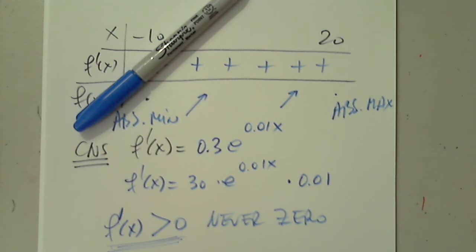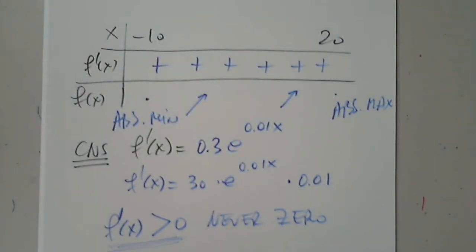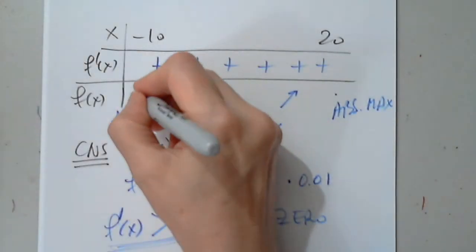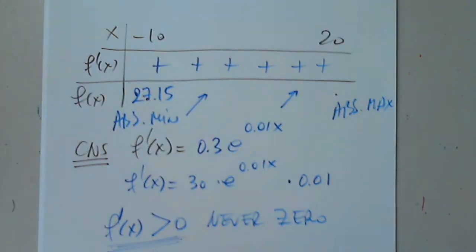Right here. 0.01x, close the parenthesis, and just punch in negative 10, whatever I get, I don't even care, and positive 20, whatever I get, I don't care. Since I want 2 decimal digits, I don't really need to look at more than 3 digits, right? So 27.15. And the other one is 36.64.